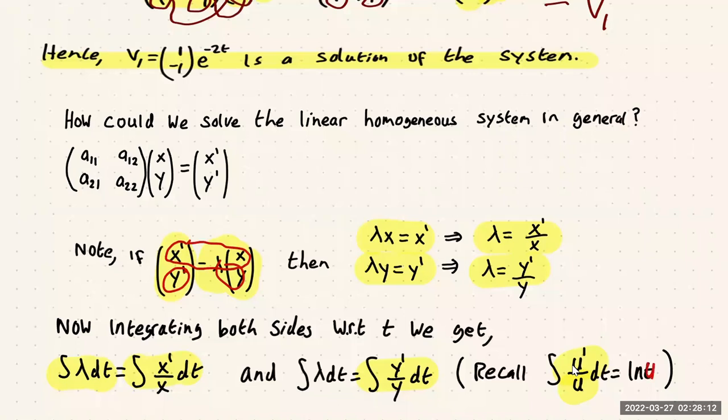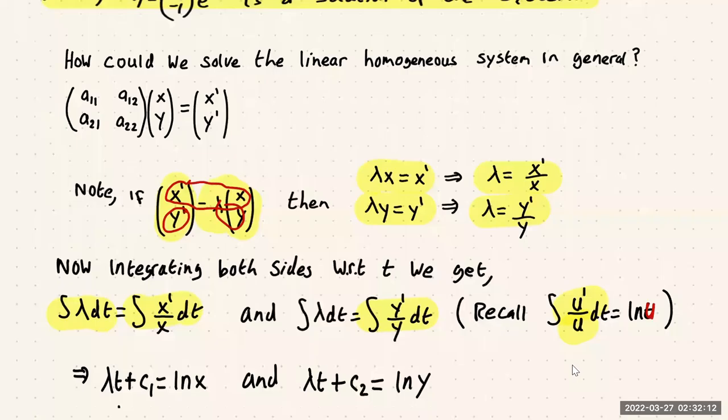So applying that here to our x prime over x and y prime over y, we get the following. Integrating x prime over x, we'll get ln of x. Integrating y prime over y, we'll get ln of y. And integrating lambda, we get lambda t plus a constant over here and here.